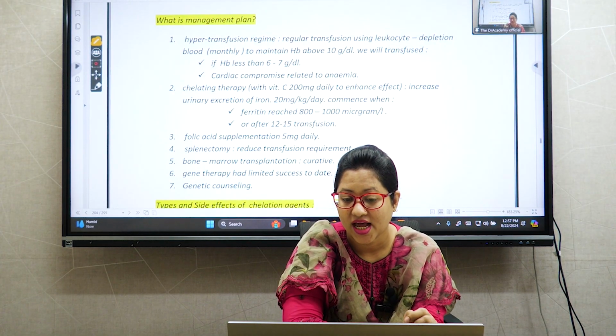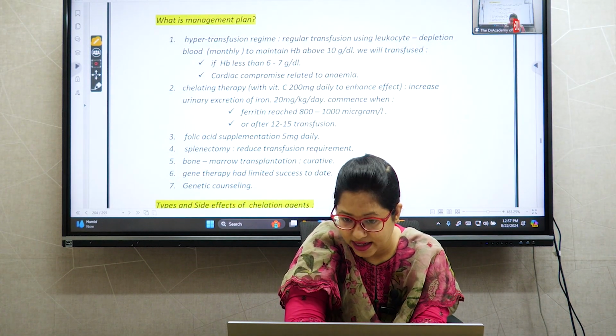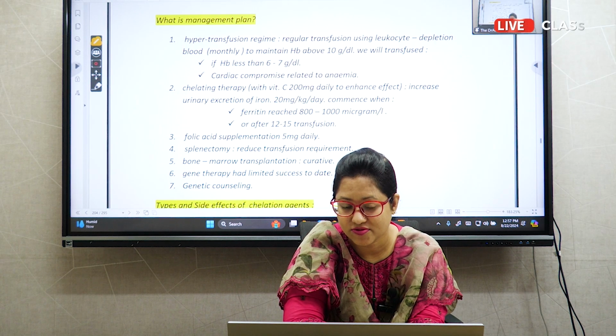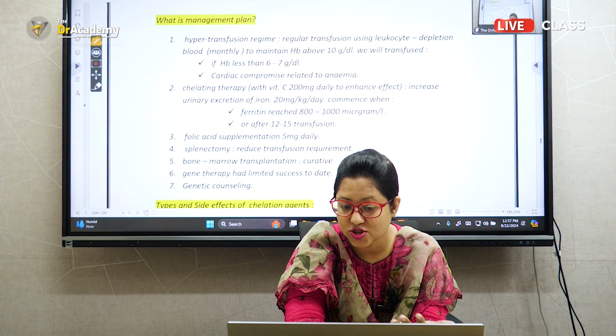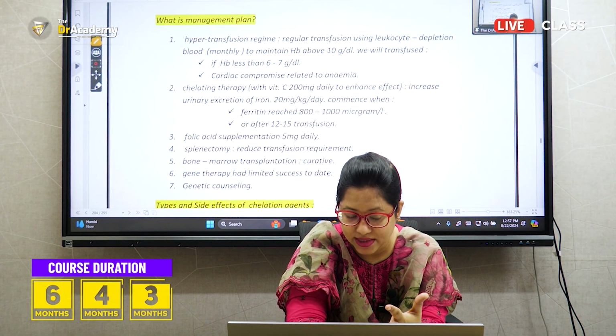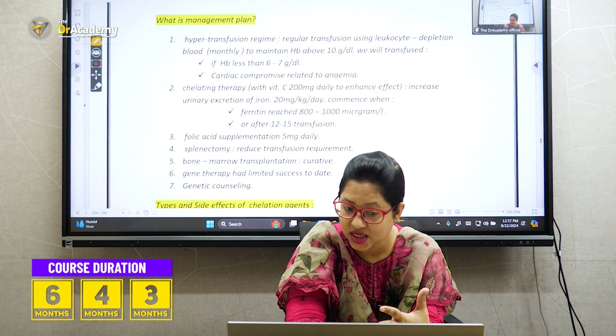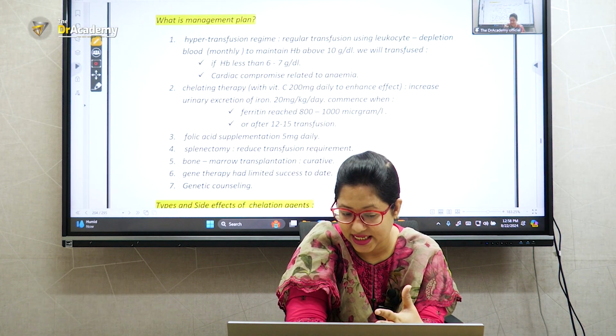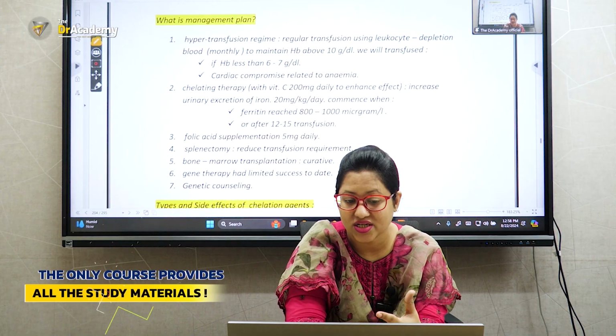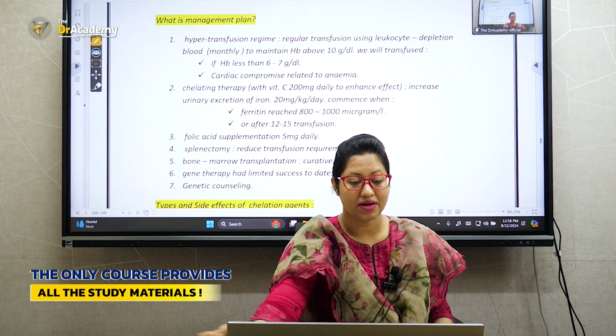Commence when the ferritin reaches 800 to 1000 microgram or after 12 to 15 transfusions. Okay. Folic acid supplementation every day, splenectomy to reduce the transfusion requirement, bone marrow transplantation is the curative management, gene therapy with limited access to date, and genetic counseling. These are the management plan.